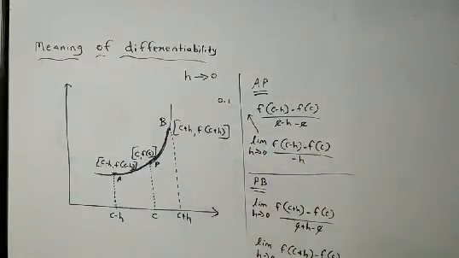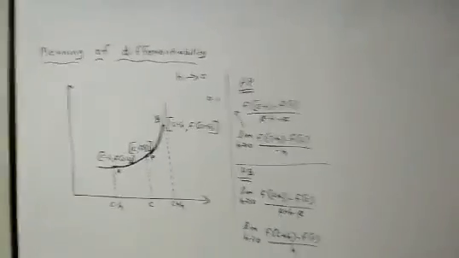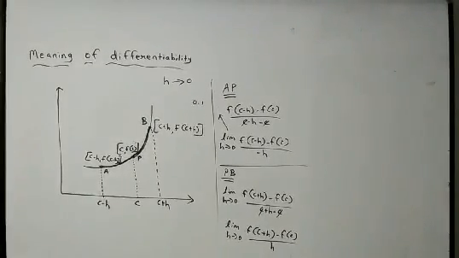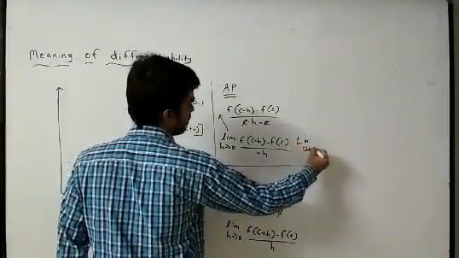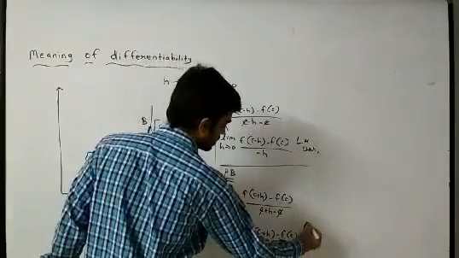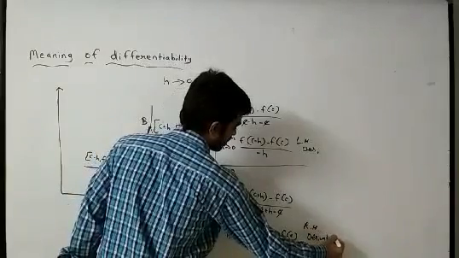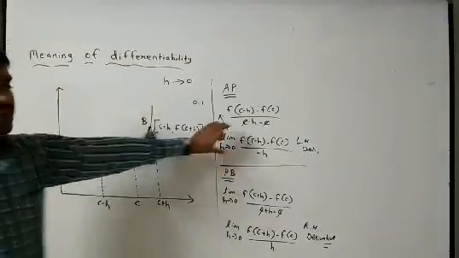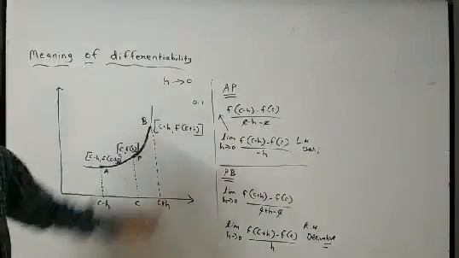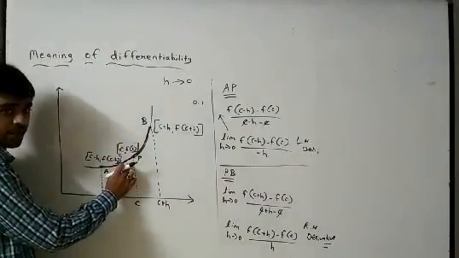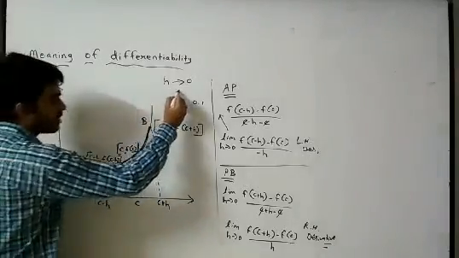Do you remember what this is? This is the left hand derivative which we solved right now, and this is the right hand derivative. So this is the meaning of differentiability. If we take a point and find the left hand limit and right hand limit at that point, and both are equal, then what will the tangent look like?